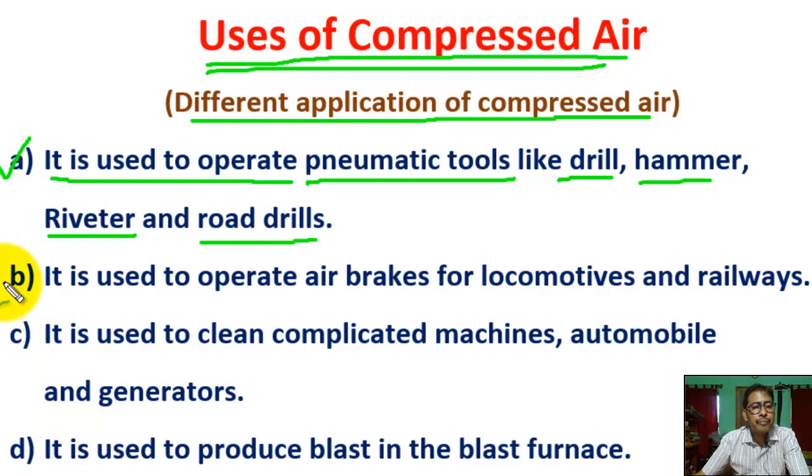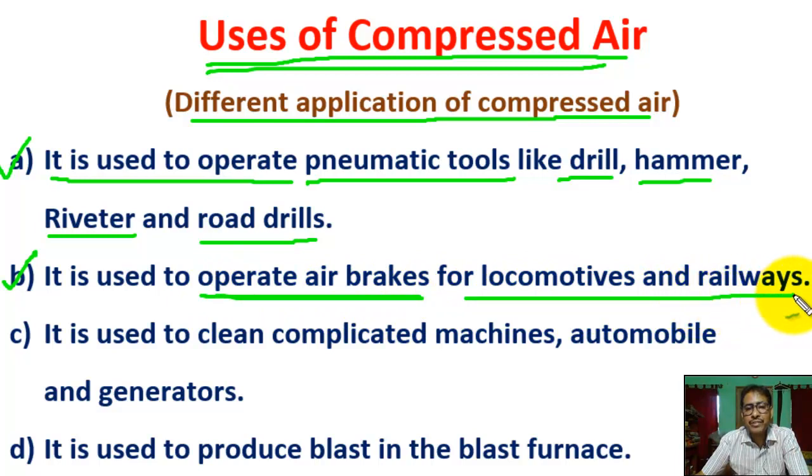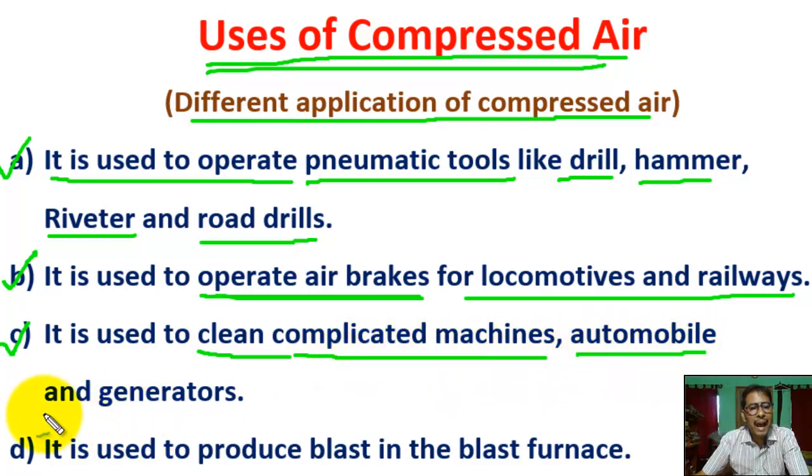Number B, it is used to operate air brakes for locomotives and railways. Number C, it is used to clean complicated machines, automobiles and generators.